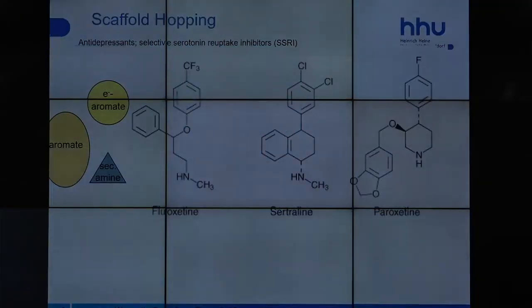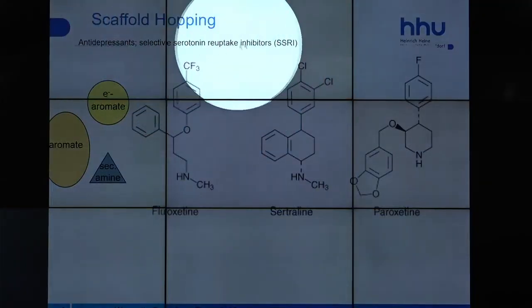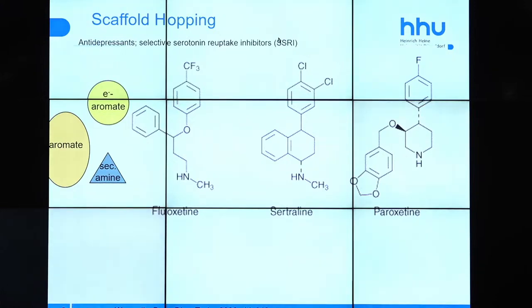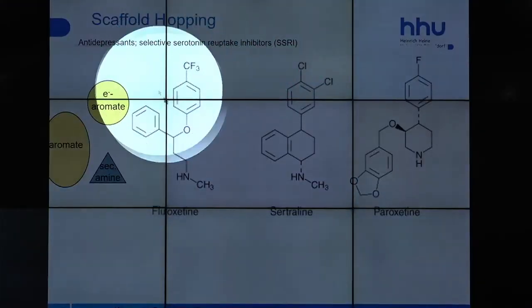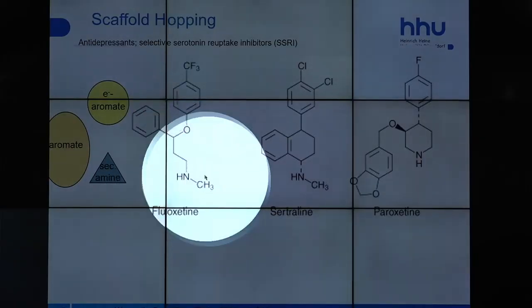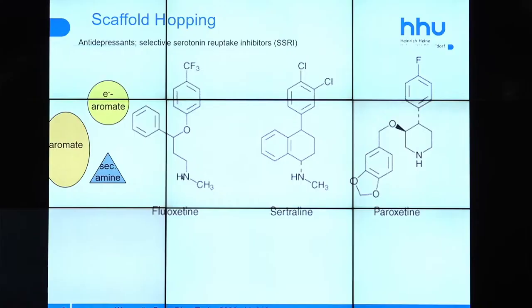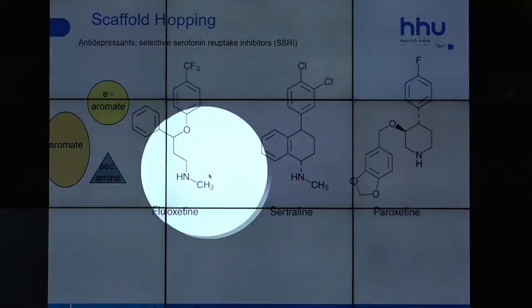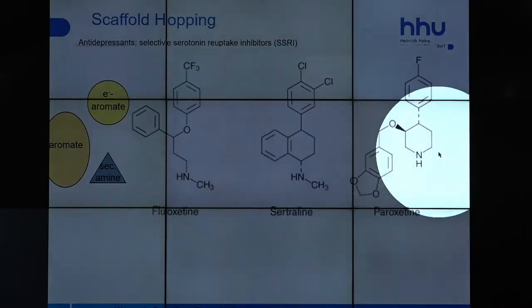Here you see some selective serotonin reuptake inhibitors, which are used as antidepressants. You can see here the two aromatic moieties, then you have a spacer, and then a secondary amine. Now we go to the other compounds, and you see also a secondary amine, but this is included in a ring system.